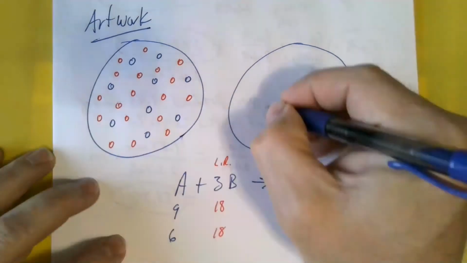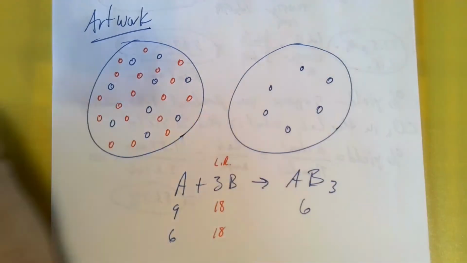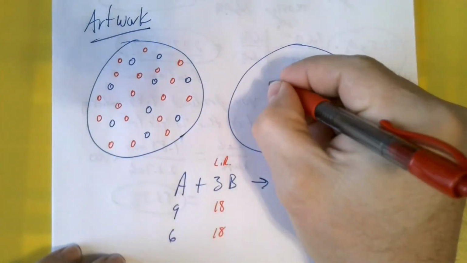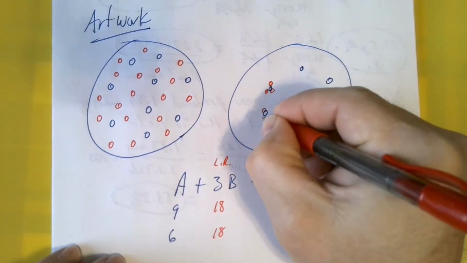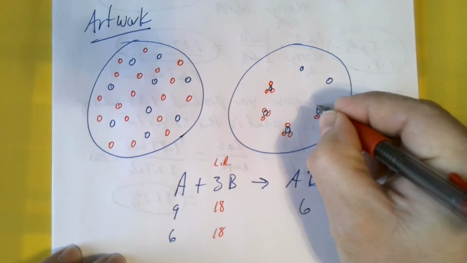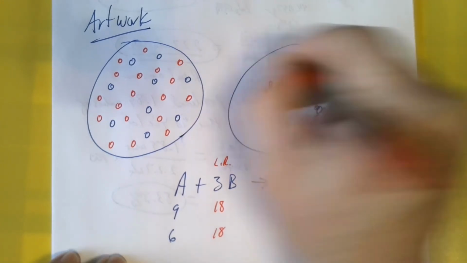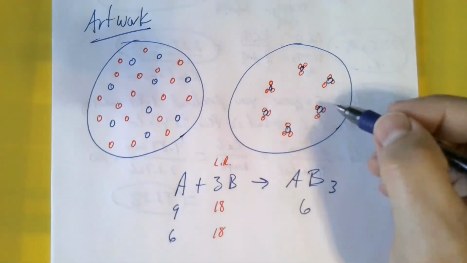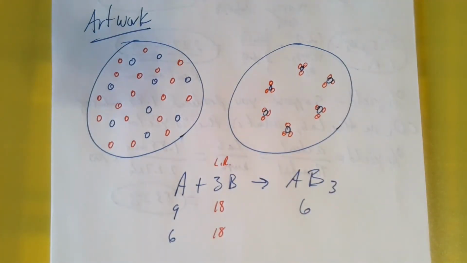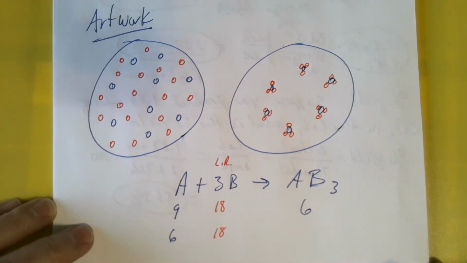So I'm going to have 1, 2, 3, 4, 5, 6. Each one of these is going to have 3 B's around it. But in my beaker, I'm also going to have some leftover A's.